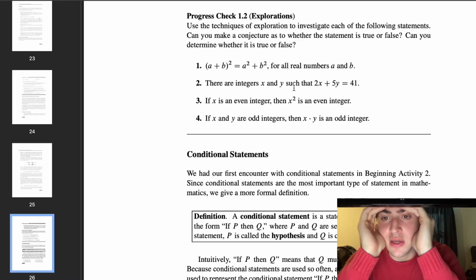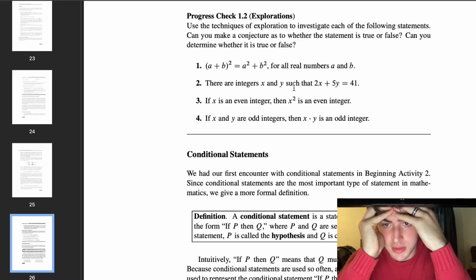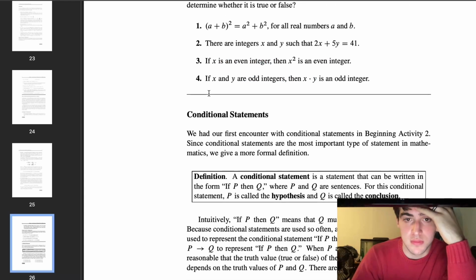So if x equals 3, then it's true. 5y, so 5 times 7 is 35. 2 times 3 is 6. So if x equals 3 and y equals 7, then yeah, there are integers x and y. So I just proved this via example.